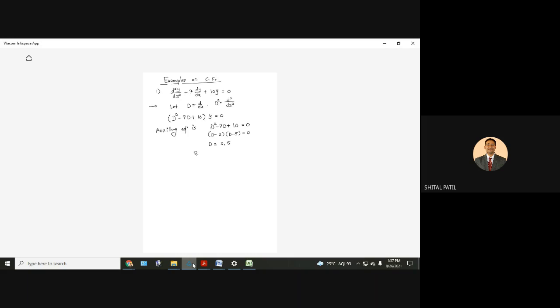So, real and unrepeated roots. So the complementary function is y of c equal to, corresponding to 2, c1 e raised to 2x, corresponding to 5, plus c2 e raised to 5x.